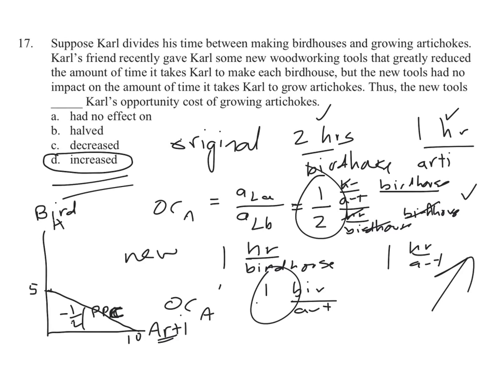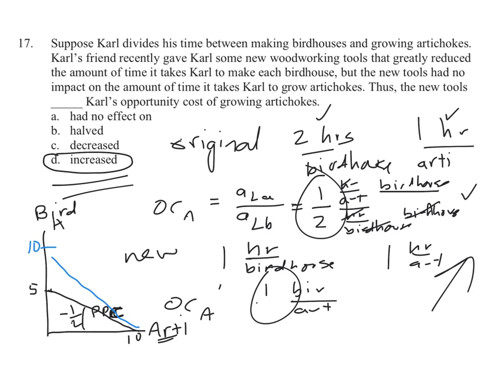Well, what happens to this production possibility frontier when Carl gets so much better at making birdhouses because of all these new capital goods? Let's write the new situation in blue. Notice, following the example above, when he gets so much better, it only takes him an hour to make a birdhouse with the tools.